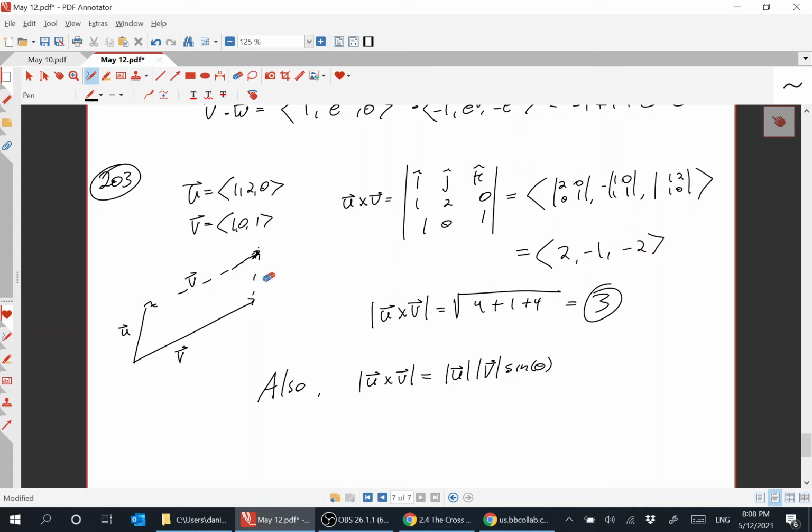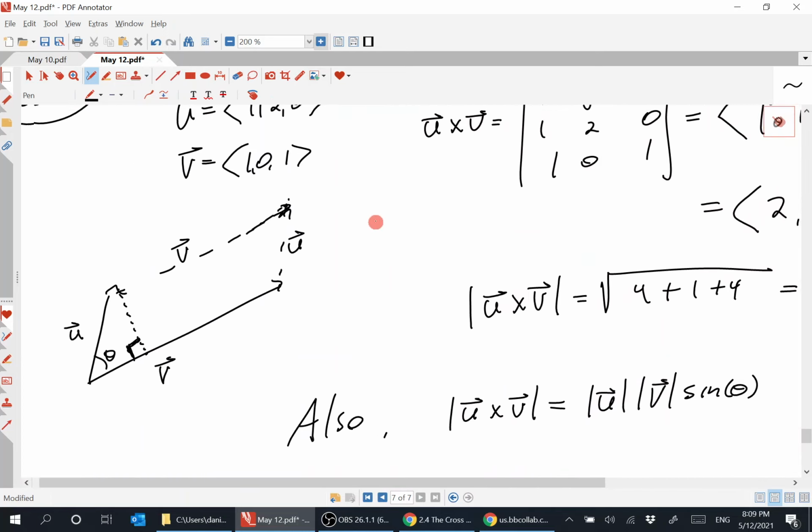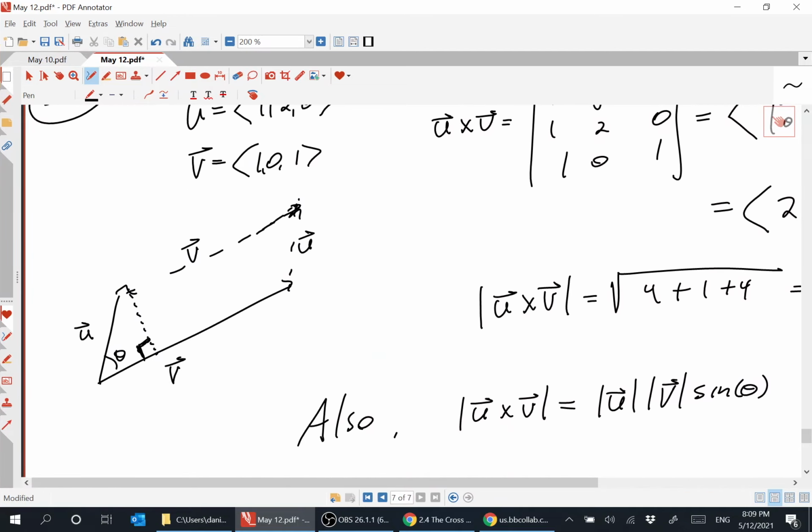The length of this perpendicular is, with theta here, the opposite side of the angle. So the length right here is length of u sine theta. So the length of u times the length of v sine theta is the area of that parallelogram.